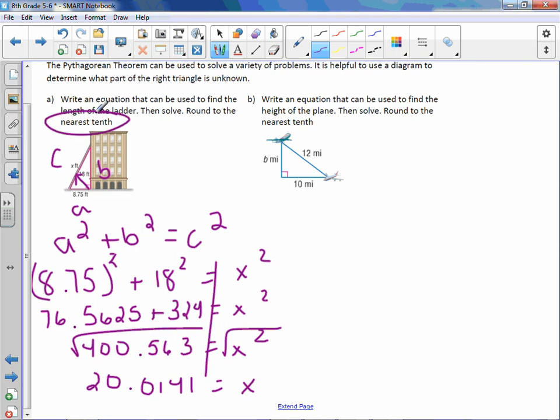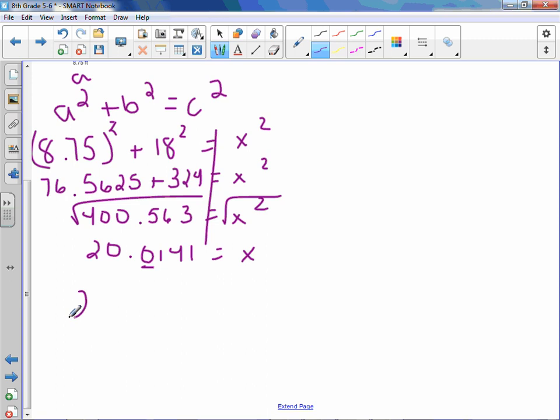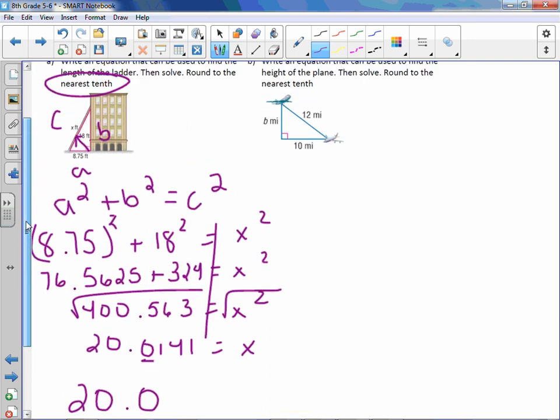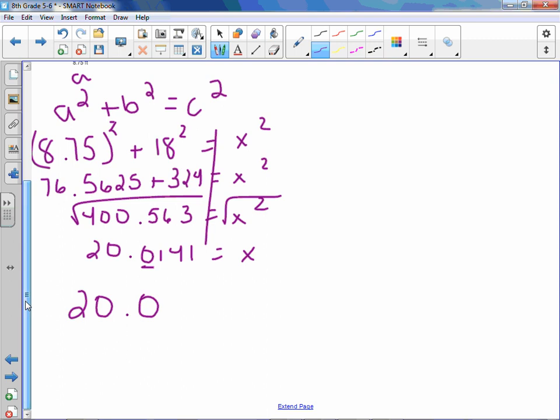Round to the nearest tenth. The 0 is in the tenths place, so it's 20.0. Yes, you must write the 0 because it said to round to the tenths place. And this is feet.